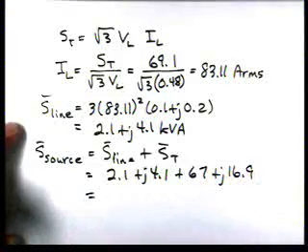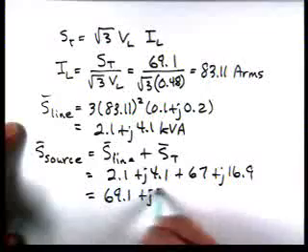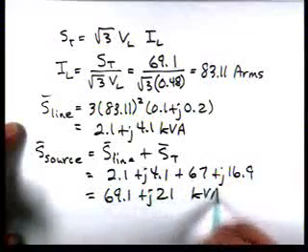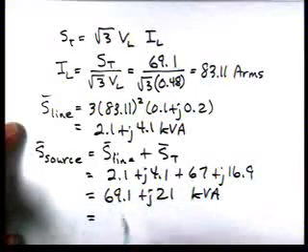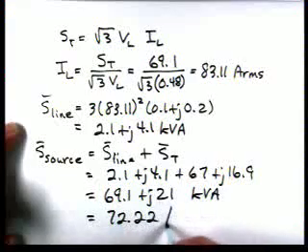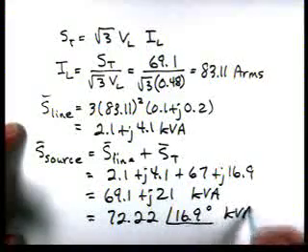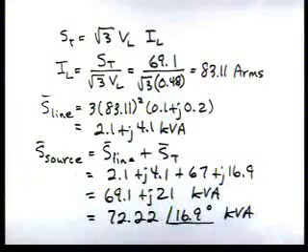So S for the source then is 69.1 plus j21 kVA, and in polar form that's 72.22 at an angle of 16.9 degrees kVA. So there's the complex power for the source.